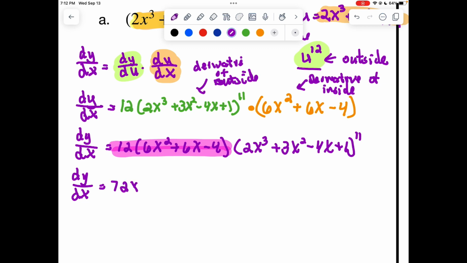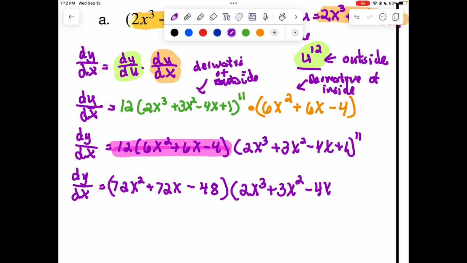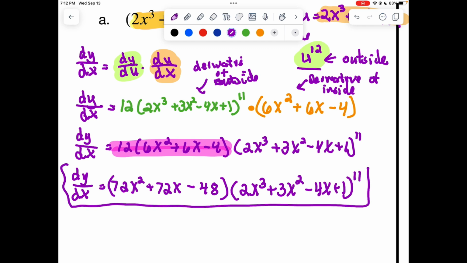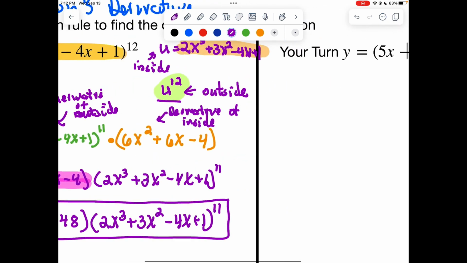So 12 times 6x squared gives me 72x squared plus 72x minus 48. And all of that polynomial, so it needs to be all in parentheses, is times the 2x cubed plus 3x squared minus 4x plus 1 raised to the 11th power. And that's it. You can't simplify that further, because we do not want to multiply that second polynomial 11 times together. That's just ridiculous. And so that's how you do the chain rule.